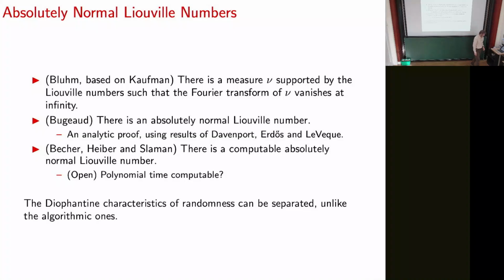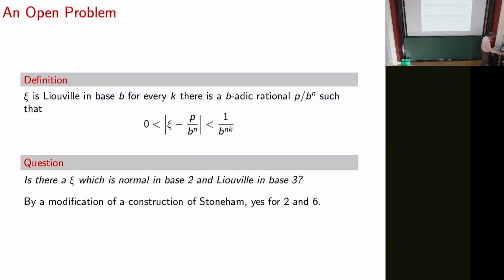So you get to see aspects of randomness in this context that you can't see computationally. That leads to an interesting problem which I'd like to pose. I mentioned this one to Bjorn in Cambridge, but let's get it out for anybody to give it a try.